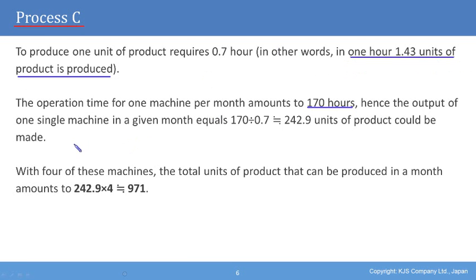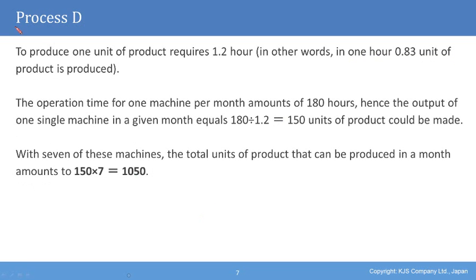Hence, the output of 1 single machine in a given month equals 170 divided by 0.7, which is roughly equal to 242.9. 242.9 units of product could be made per month in each machine. With 4 of these machines, the total unit of the product that can be produced in a month amounts to 242.9 times 4, which is roughly equal to 971.